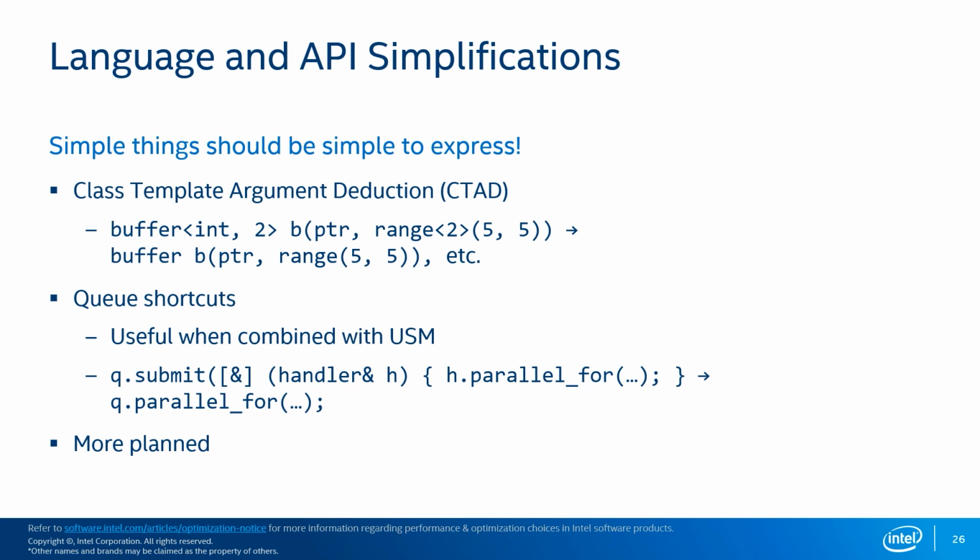We've also defined several shortcuts on the Q class that allow expressing kernels using parallel for directly on the Q object. This saves the programmer from having to write a potentially empty lambda. There are other simple enhancements that aren't covered here, and we have several more planned.